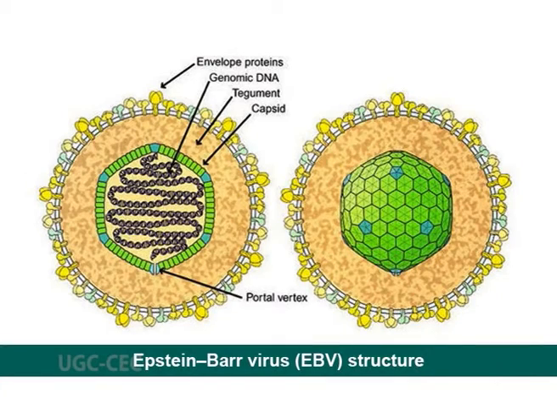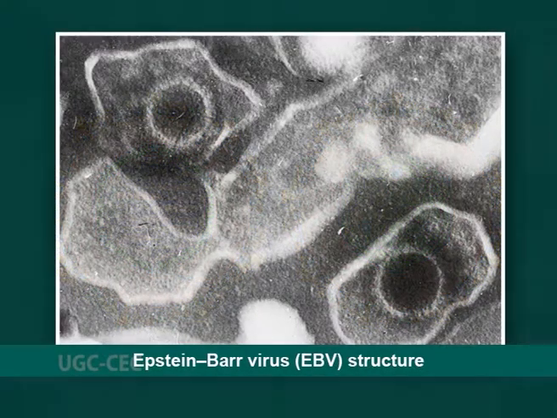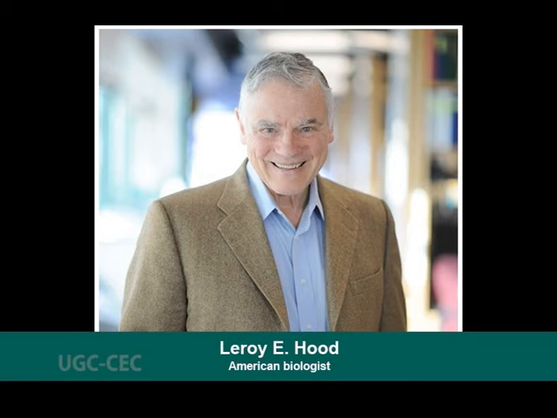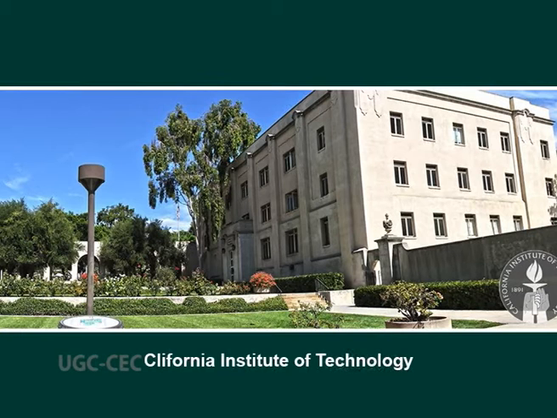The complete DNA sequence of the Epstein-Barr virus, 170,000 base pairs long, was sequenced by scientists of the Medical Research Council in 1984. Then the first semi-automated DNA sequencing machine was developed by Leroy E. Hood's laboratory at the California Institute of Technology in 1986.